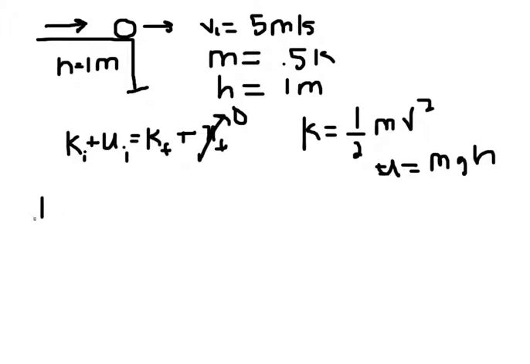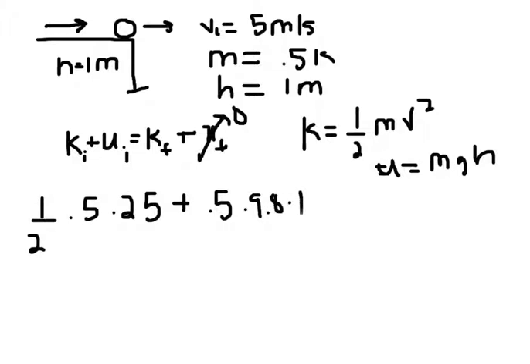So we have 1/2 the mass, which is 0.5, and then velocity initial is squared, so it's 5 times 5, which is 25. And then the potential energy is m, which is 0.5, times gravity, which is 9.8, and then the height is 1 meter.